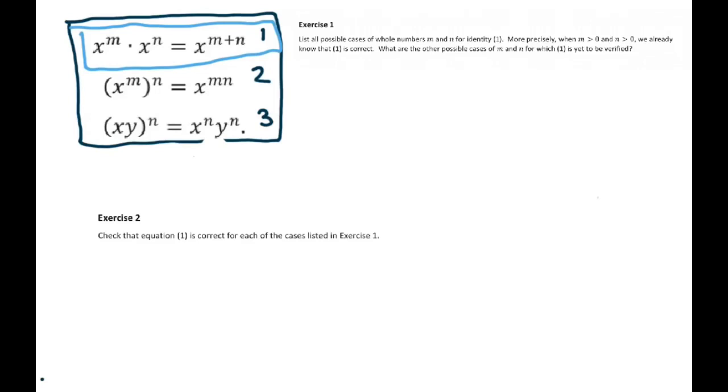So you should be thinking in terms of m or n less than 0, greater than 0, equal to 0, things like that. So there will be both. So there'll be m is what to 0, and n is what to 0. There should be 3 different possibilities. So there'll be 3 possibilities like this.